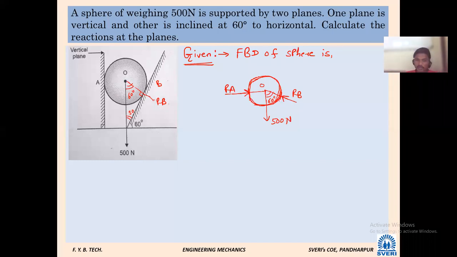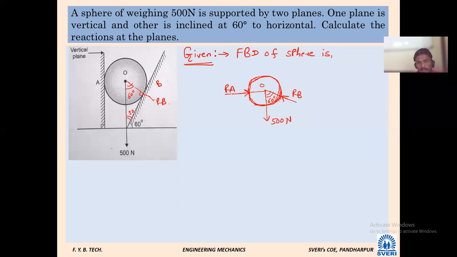In short, if a surface makes a certain angle with horizontal, the reaction will make the same angle with vertical. Surface horizontal, reaction vertical. In short, you can remember this sentence.